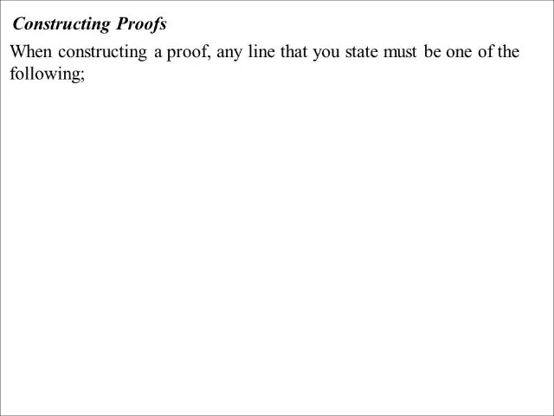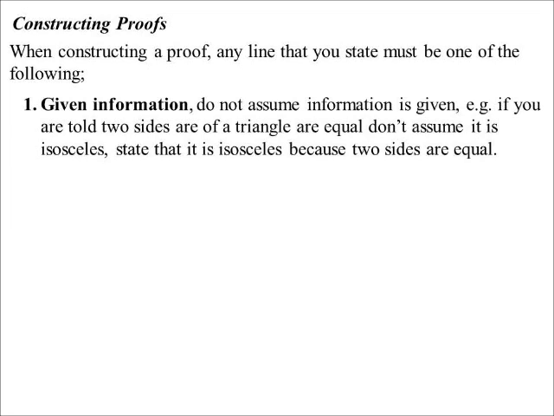So when we're constructing our proofs, okay, you're going to write down lines in your proof, of course, but you can't just write anything down. You just don't pull things out of thin air. It should be, well, given information. Often there's information in the problem that's given to you. But don't assume it's given to you. And the example I've put there is a classic one. You might be told two sides of a triangle are equal.